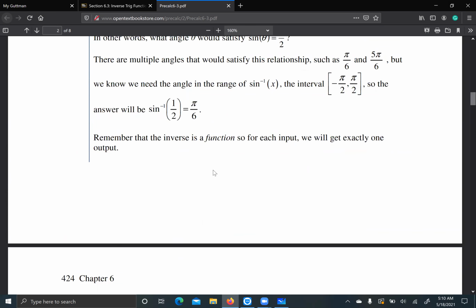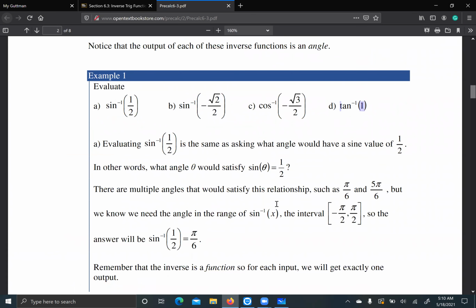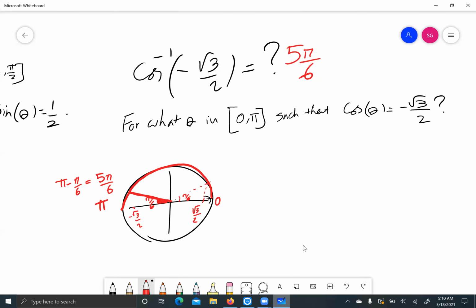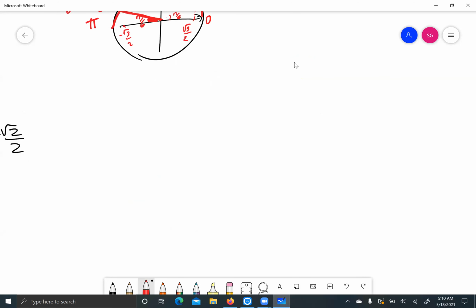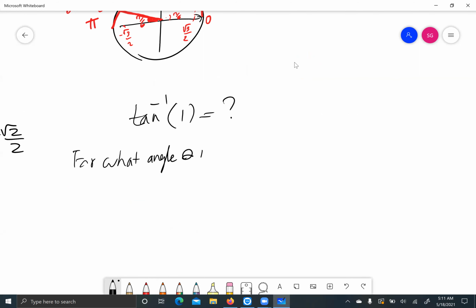The last one is tangent inverse of 1. So the question is, for what angle theta, what is the domain of tangent inverse?